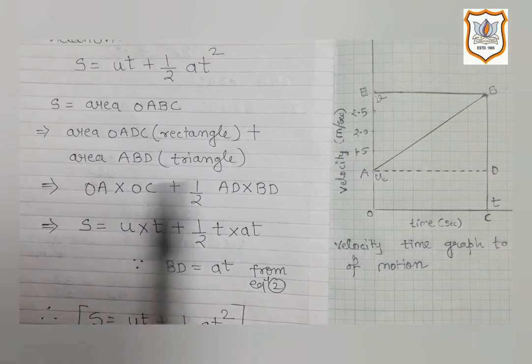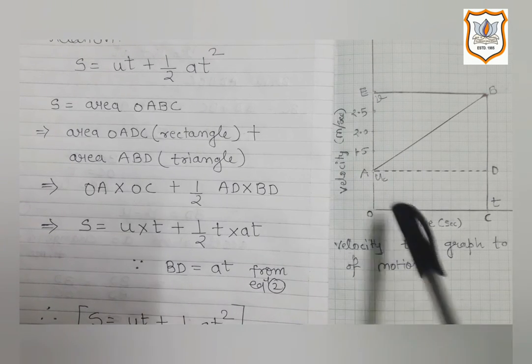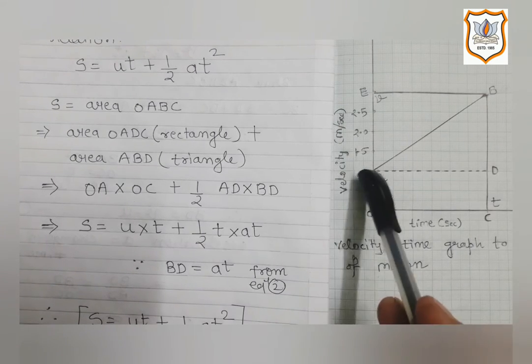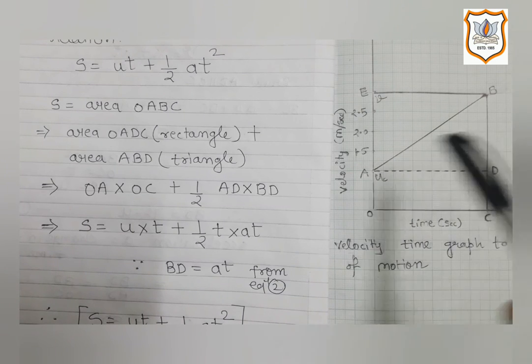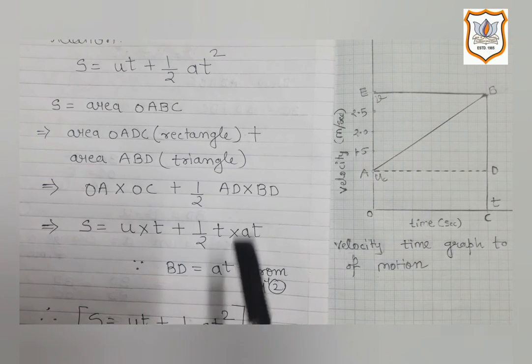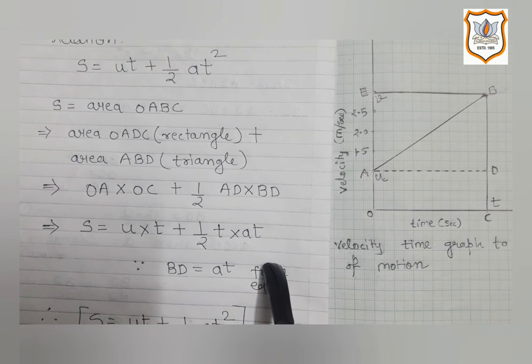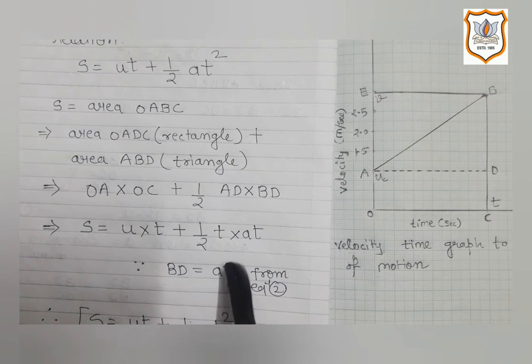And we know that OA is initial velocity u, while OC is time interval t. Again AD is time interval t, while BD is at. Why BD is at? That we have already proved in our first relation, v is equal to u plus at. BD is equal to at, where a is acceleration.